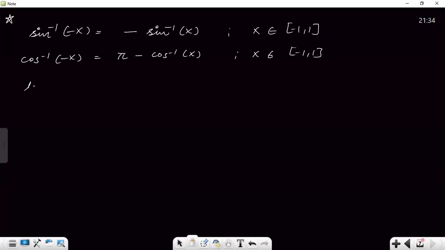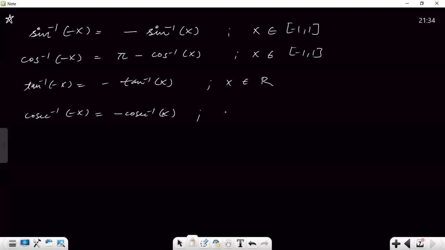For tan, it is simple: minus tan inverse of x, x belonging to all real numbers. For cosec, it is also simple: minus cosec inverse of x, given that x is in its domain.